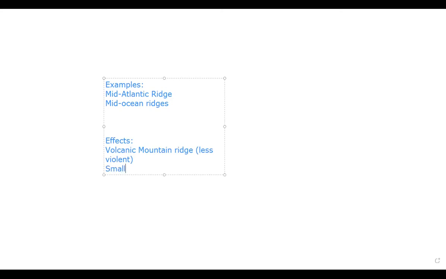You also will get small earthquakes, nothing too bad at that point, but still earthquakes, and just ridges, or underwater mountains. So those are the examples, and those are the effects of ocean to ocean divergent boundaries.